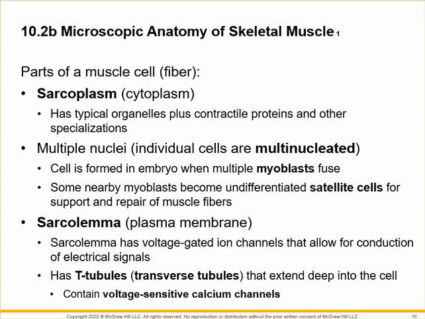There's a sarcolemma. And so this is the plasma membrane. This is a typical cell membrane with phospholipids and cholesterol and embedded proteins. But there's a modification that we don't see in any other cells. Because these cells are very large, there are invaginations that pass along these tubules.